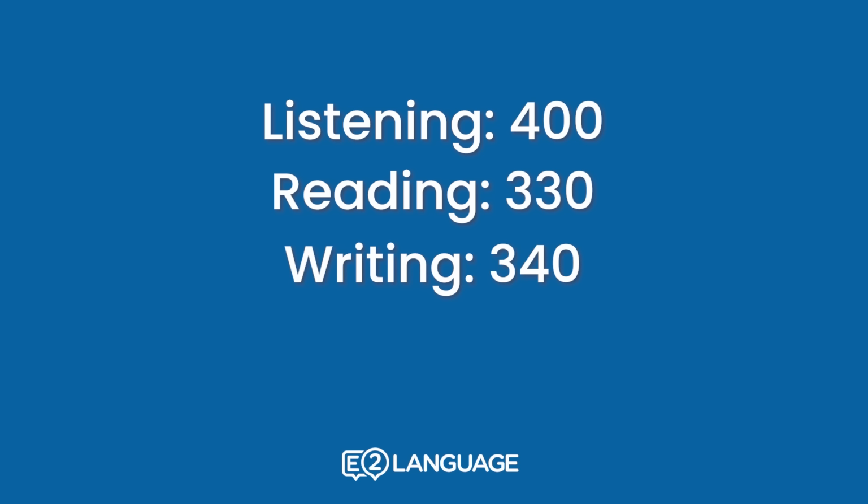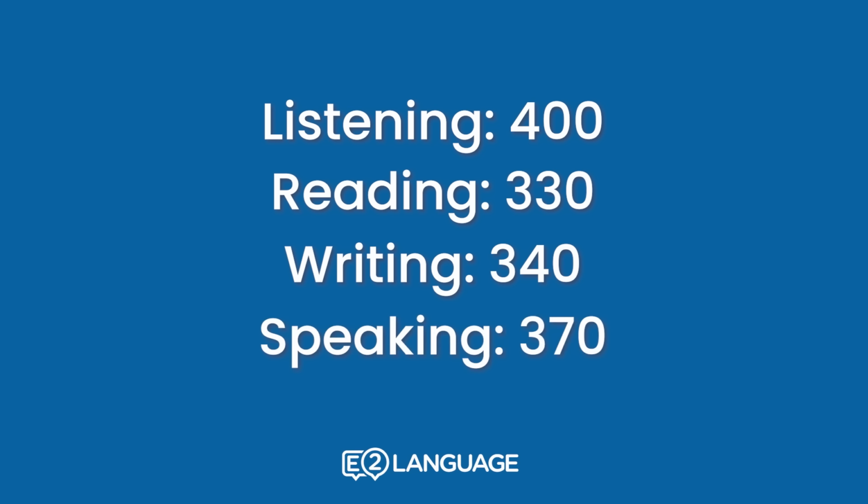Writing, 340, I just missed by 10 points. Speaking, 370, not bad. So you can see here that you need to focus on reading and writing, but you also probably need to focus on speaking as well, considering it's so close to the minimum score you need and things can change on test day.